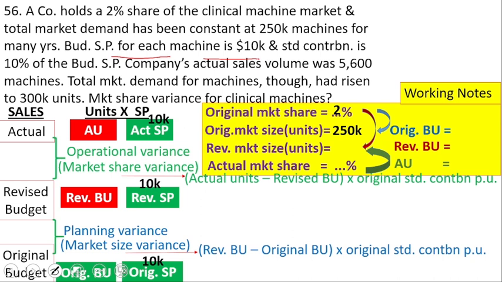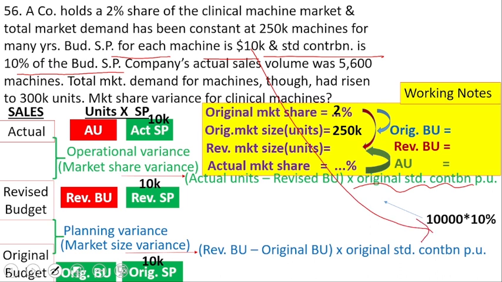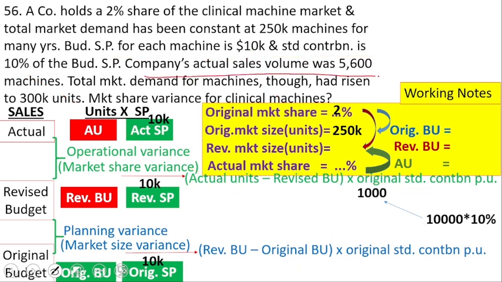Budgeted selling price for each machine is $10,000 and standard contribution is 10% of the budgeted selling price. So that's the original standard contribution. So that's $10,000 multiplied by 10%. So the original standard contribution works out to $1,000. Company's actual sales volume was 5,600 machines.